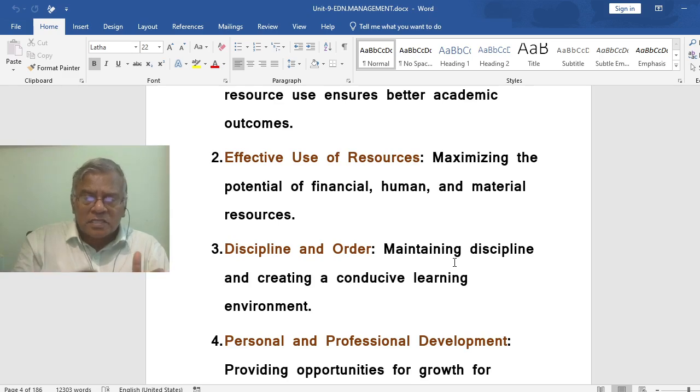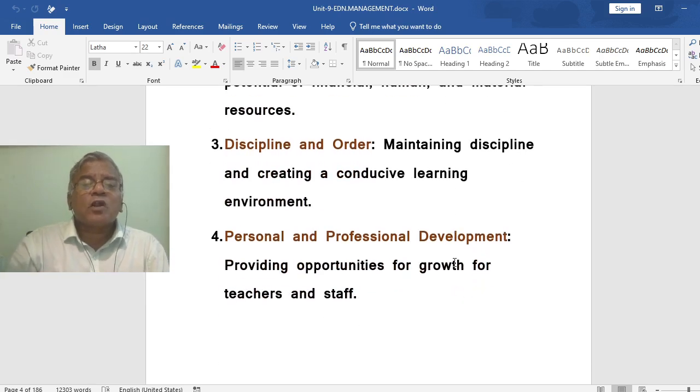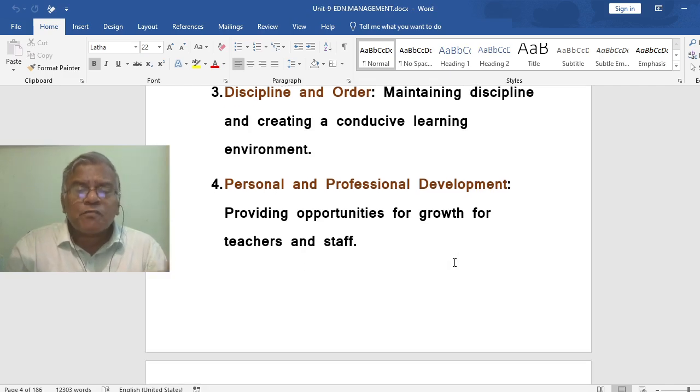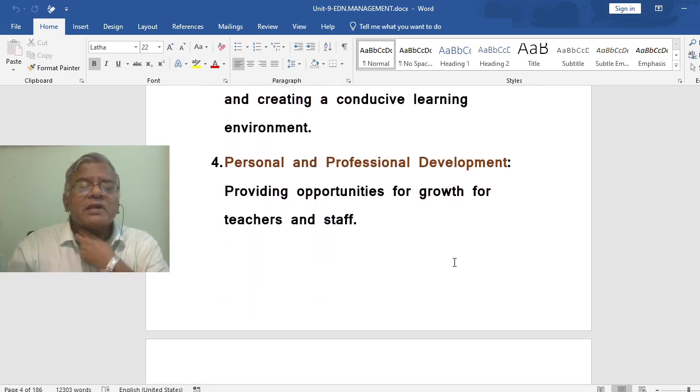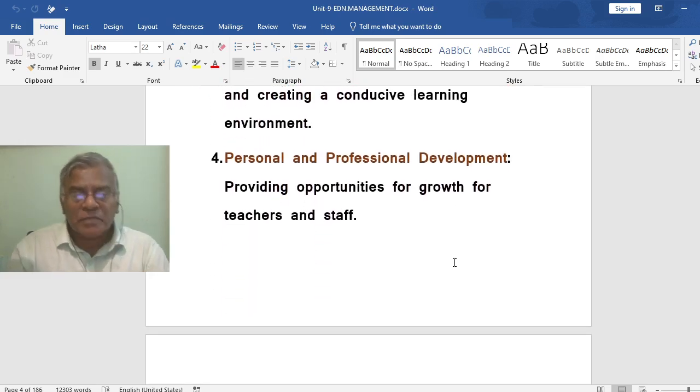Maximize: less cost and more benefit. That is the idea here. Then discipline and order: maintaining discipline and creating a conducive learning environment. Personal and professional development: providing opportunities for growth for teachers and staff. So for this we need educational management and educational administration.